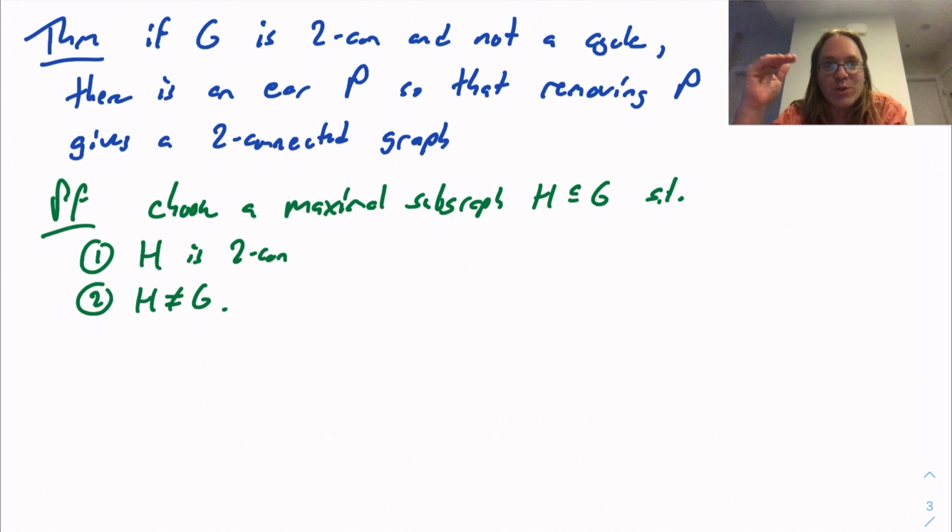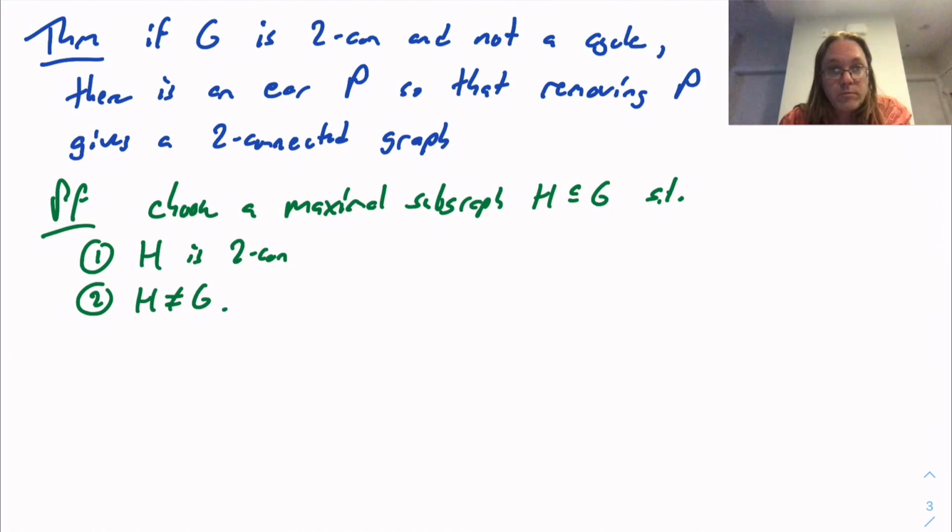I want something that's just a teeny bit smaller than G. And in fact, what we're going to show is that this subgraph H that we found is the graph that you get from G by doing a single ear removal. And that's going to be the proof of our theorem, right? I'm trying to show that you can remove some ear to get a two connected graph, and this H that we're choosing here is the two connected graph that you're going to get.